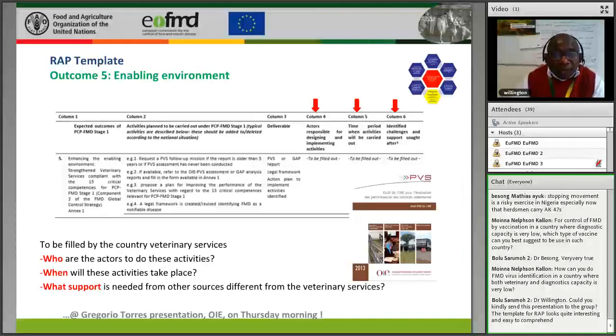The means of communication, the networks, if all of them are able to diagnose this disease and know how it circulates and know which one is prevalent. And you should, of course, know that it's not something that is static. It changes with time because you can have incursions of new serotypes and new strains.